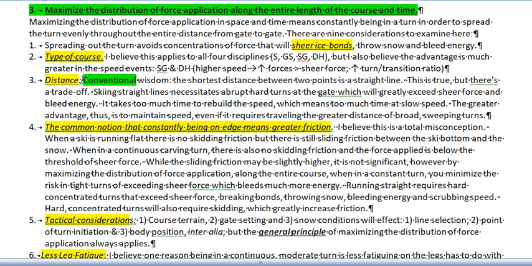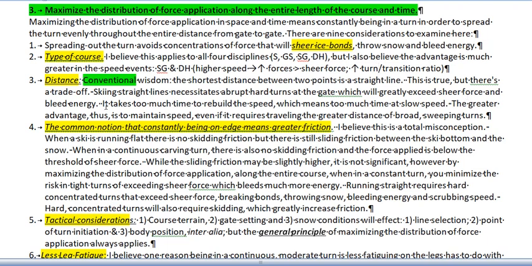Now, another is distance. The conventional wisdom was the shortest distance between 2 points is a straight line, so run a straight line as much as possible from gate to gate. I mean, this is true, but there's a trade-off. Skiing straight lines necessitates abrupt, hard turns at the gate, which will greatly exceed shear force and bleed energy, right?